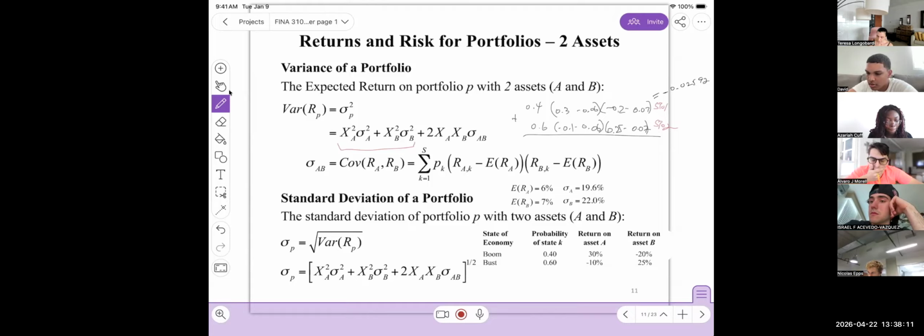And this one, anybody? It's not the prettiest arithmetic, but it's doable. I got a different answer. Okay.